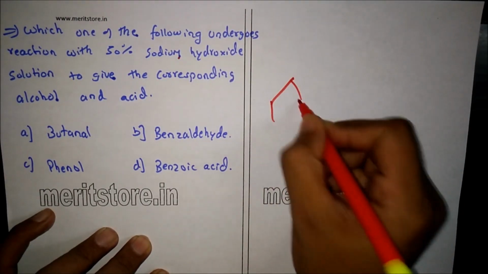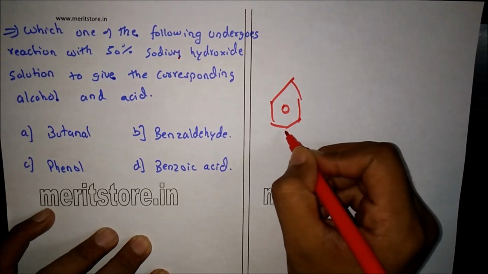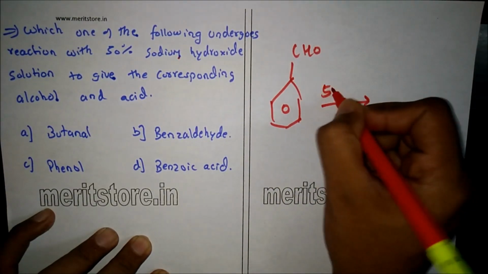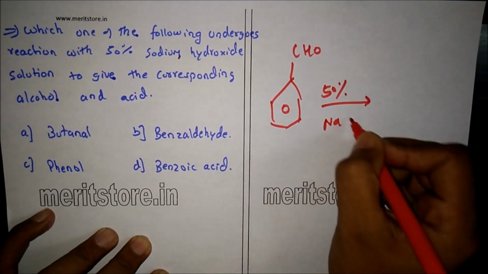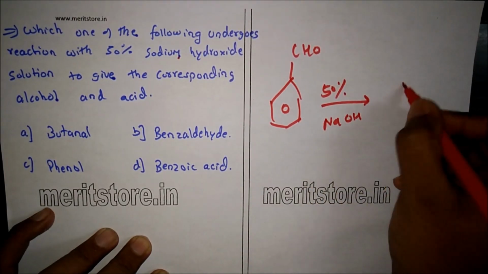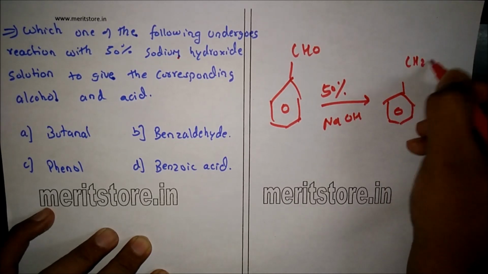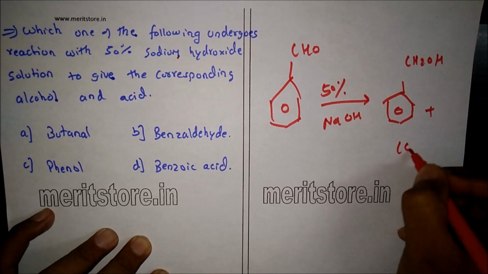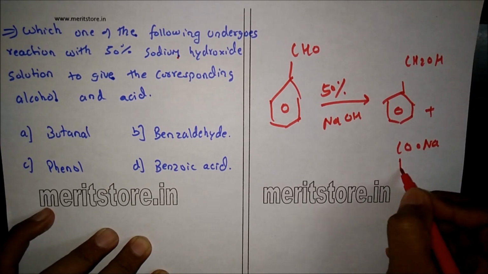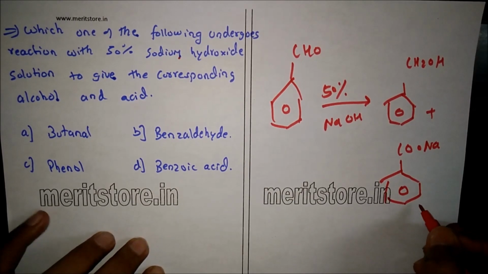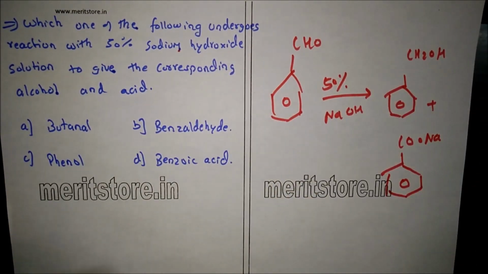The reaction takes place like this. Benzaldehyde on 50% NaOH will undergo the Cannizzaro reaction to give the products benzyl alcohol and sodium benzoate. So therefore, here the correct answer is actually option B, benzaldehyde.